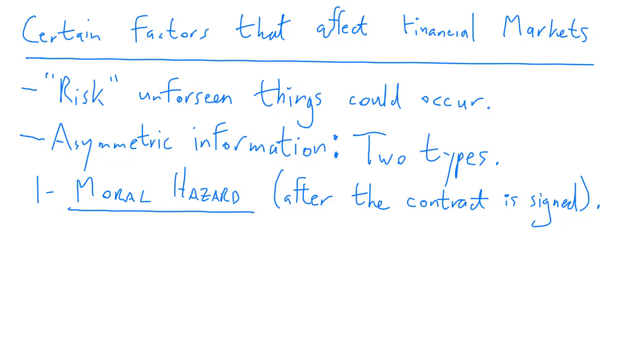When you took macro in particular, you probably discussed at some point how 10, 12 years ago, there was a very serious financial crisis in the United States that led to an economic crisis as well. And you may have read that it had a lot to do with the housing market and so on.